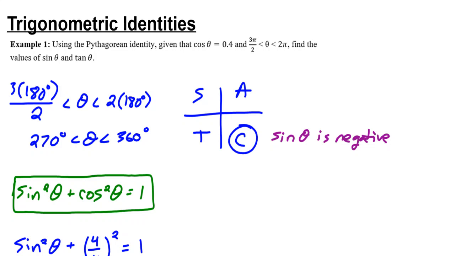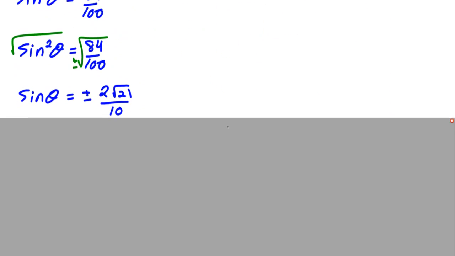And I just want to remind you that the reciprocal of cosine, secant, is also going to be positive. But then the reciprocal of sine, cosecant, will also be negative. And the reciprocal of tan, which is cotangent, is also negative. So the reciprocal trig functions follow the signs that sine, cosine, and tan do as well.